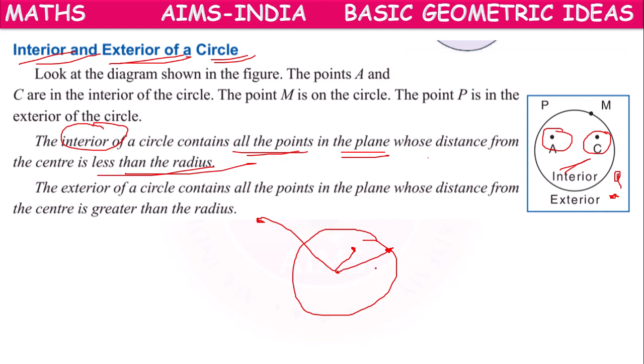So a point whose distance from the center is less than the radius lies in the interior part of the circle. A point whose distance is more than the radius lies in the exterior part. A point whose distance is equal to the radius lies on the boundary of the circle. Like that, we can name interior and exterior parts of a circle.